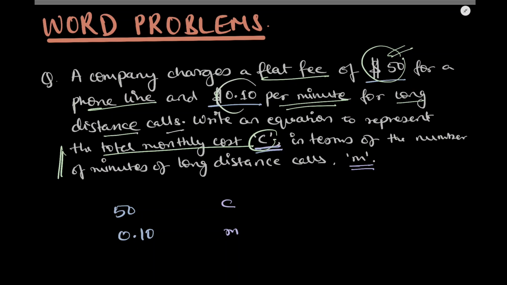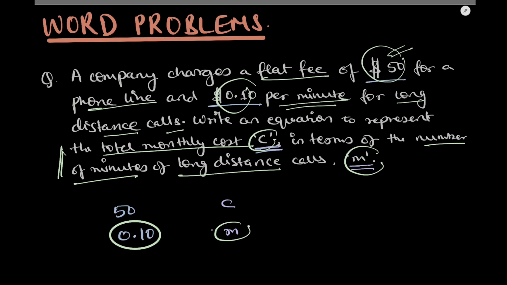For 0.10 we have this information, so again we move down to the variable side, which has the number of minutes for long distance calls, that is M. That means that the 0.10 and M are related.